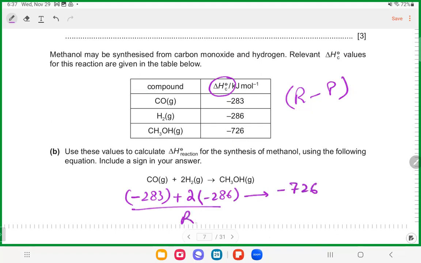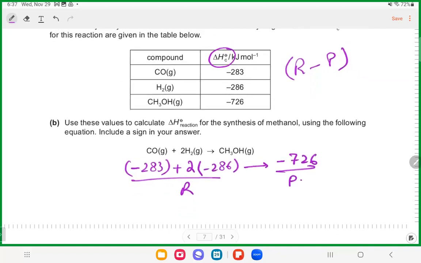This is your reactant. This is your product. Just do reactant minus product.